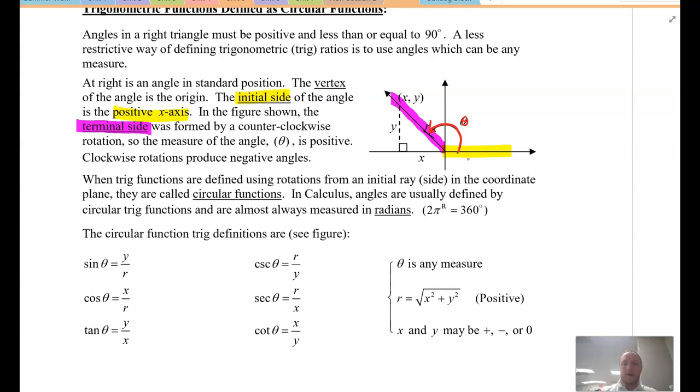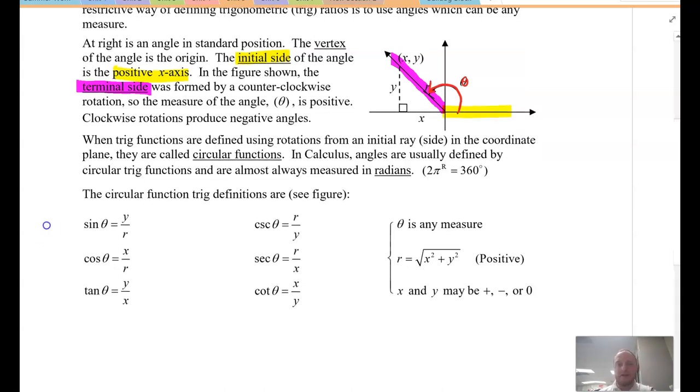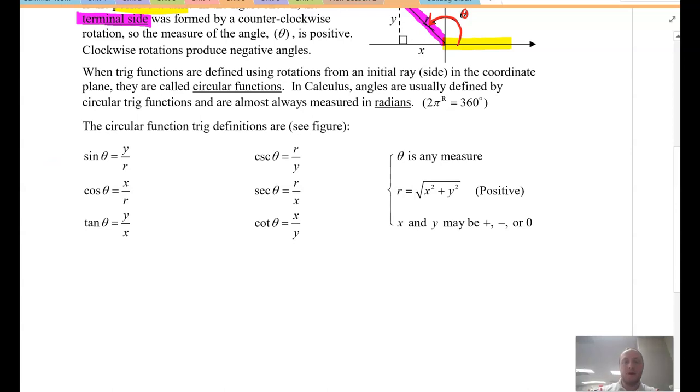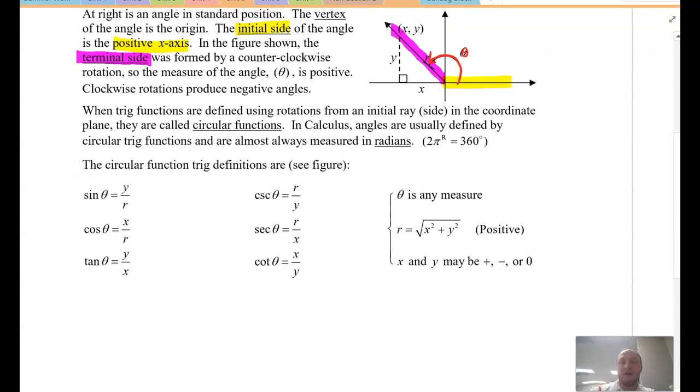We use these to go ahead and develop circular function trig definitions. And you can see these here below. So sine of theta is y/r. So if this is my angle, I can go ahead and have a coterminal angle, which is here. And these are equivalent.